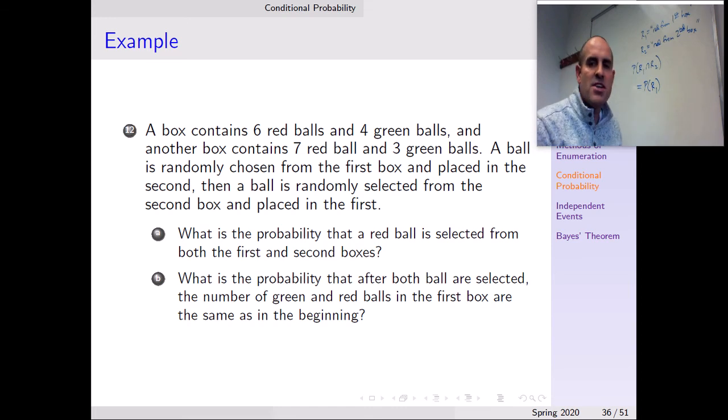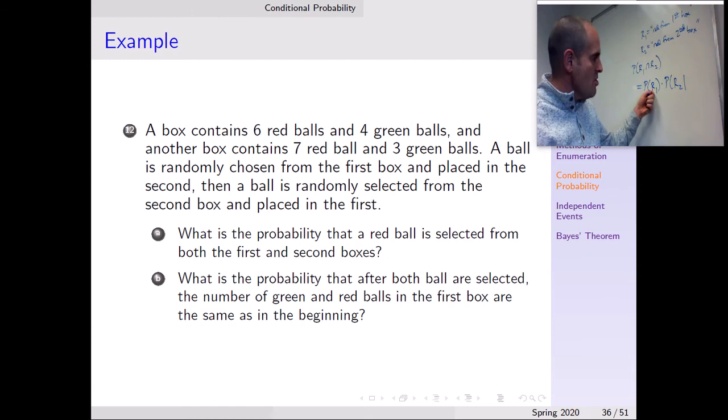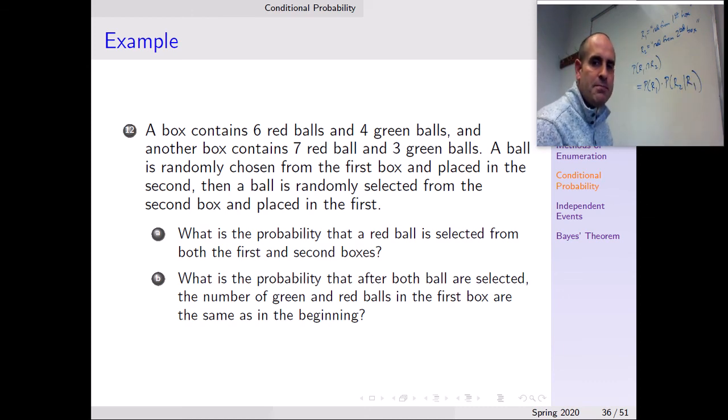The probability that we select red from the first box, times the probability that we select red from the second box given R1, because R1 has already happened at this point. What are those things? The probability that we select red from the first box is easy. The first box has 6 red and 4 green, so it's 6/10.